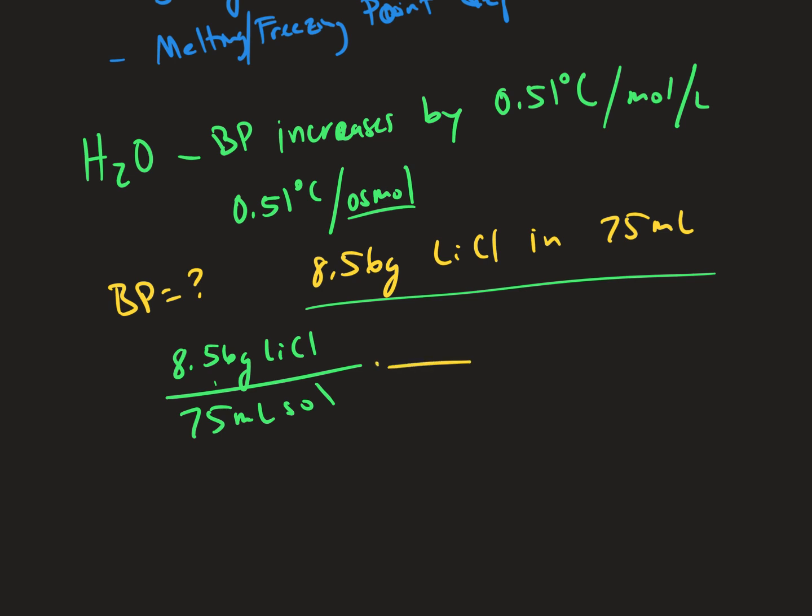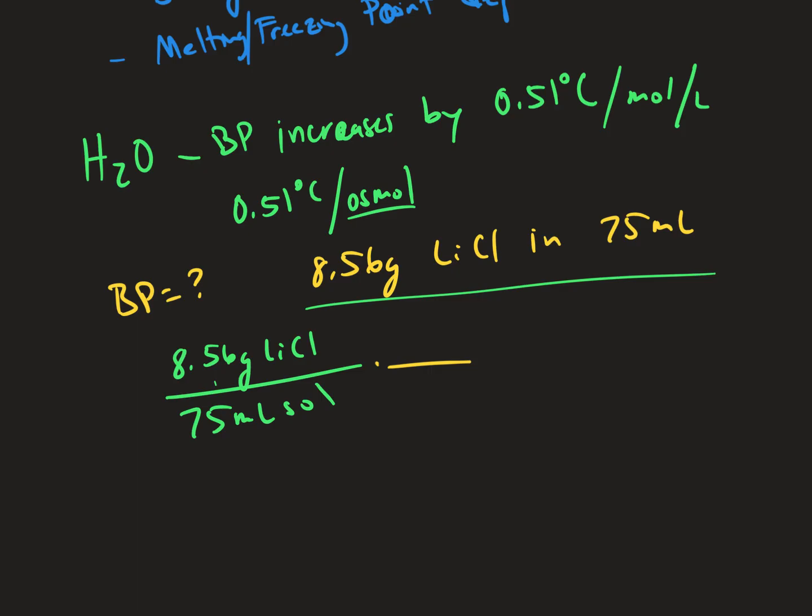What are we going to convert first? Doesn't matter, just pick one. Grams to moles, perfect. We got to have moles. So what is our molar mass of lithium chloride?